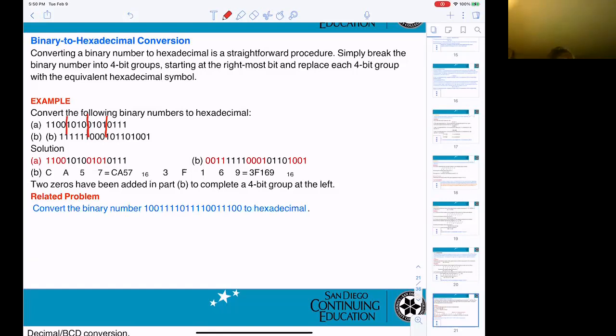CA57. So the first 1, 1, 0, 0, you get a C. Right. 1, 0, 1, 0, you get an A. 0, 1, 0, 1 is 5. And then 7. Whoever doesn't get it, let me know.